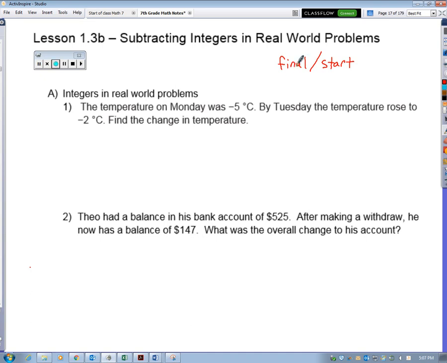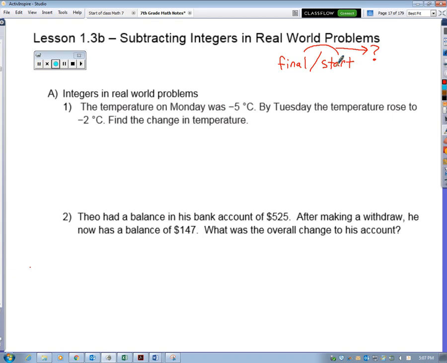There was a final event that happened, and there was a starting event that happened. And what we want to find out is what happened between the start and the final. What is that number that describes what happened from where it started to the final? A final start problem.